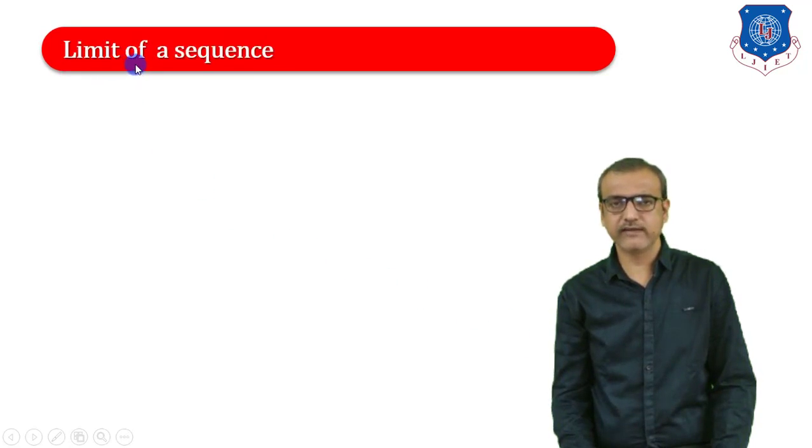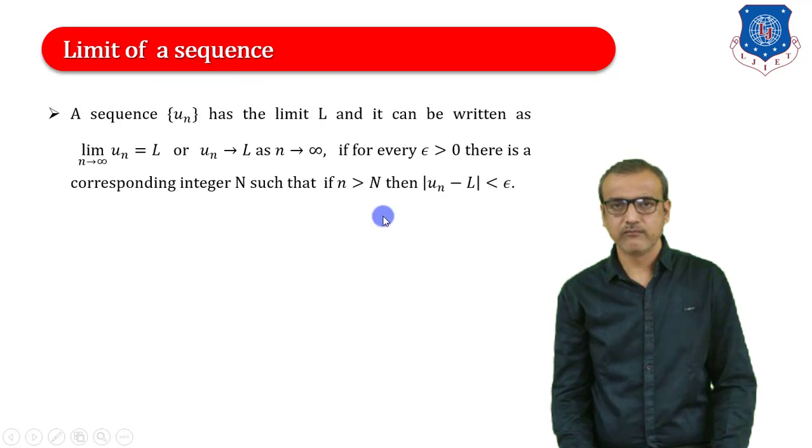Now we will see what is actually a limit of a sequence. So this is the definition of a limit of a sequence. A sequence un has a limit L, and it can be written as limit n tends to infinite un equals to L, or un tends to L as n tends to infinite, if for every epsilon greater than 0 there is a corresponding integer capital N, such that if n is greater than capital N, then modulus of un minus L is less than epsilon.